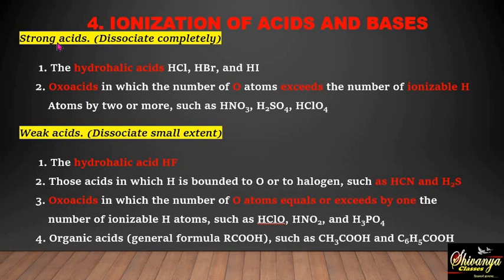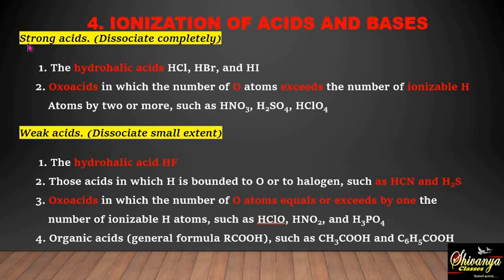Acids are mainly of two types. First is strong acids and second is weak acids. Strong acids are acids which dissociate completely or almost completely, and the acids which dissociate to a small extent are called weak acids.